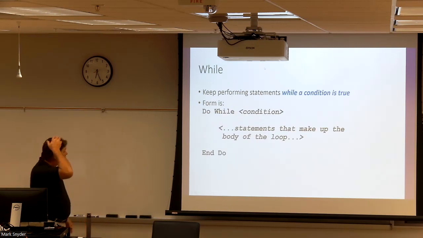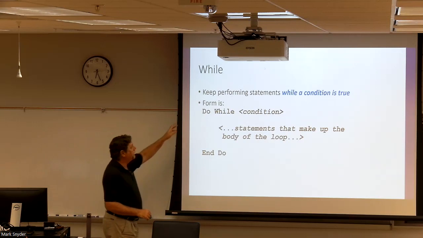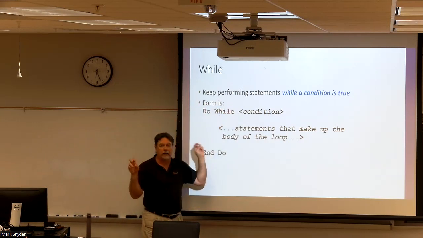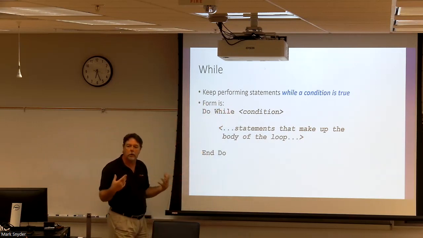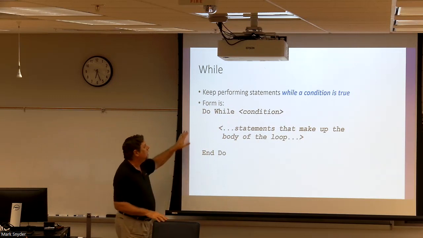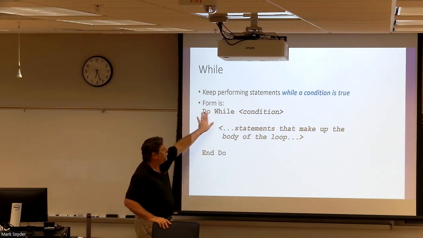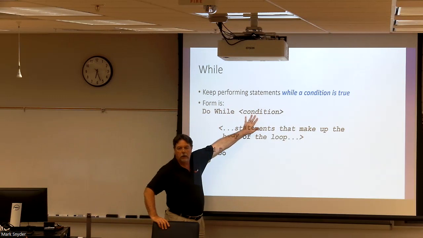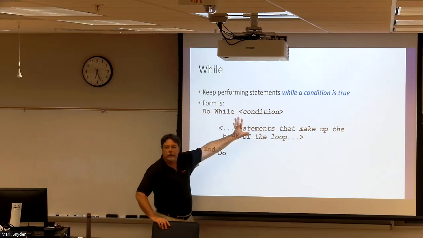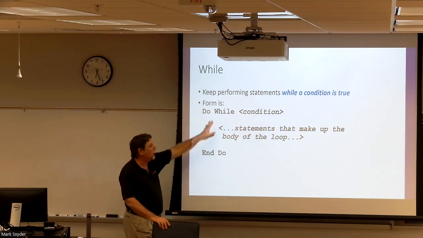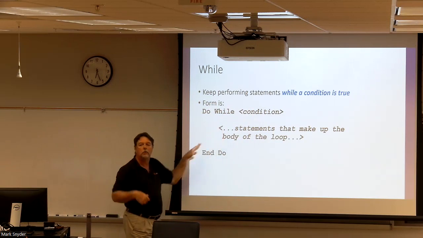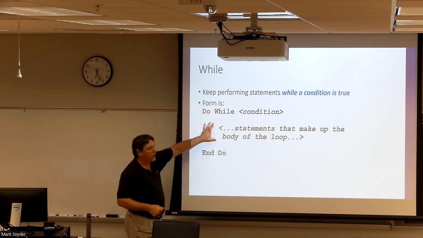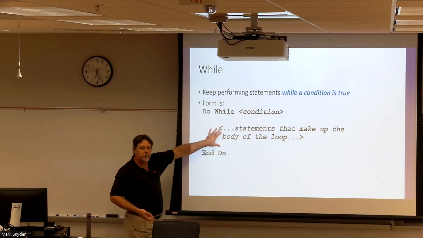So here's an example of keep performing statements while a condition is true. While I'm gone, mow the yard kind of thing. Here's the form. Do while something. And this is where we're going to add our Boolean condition, true, false. Do while condition is true, right? We're going to have some list of statements. Maybe it's 2, maybe it's 20, but we're going to do a body of work here.